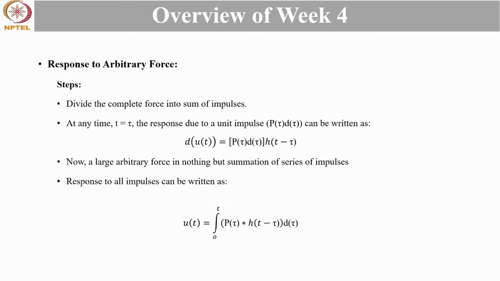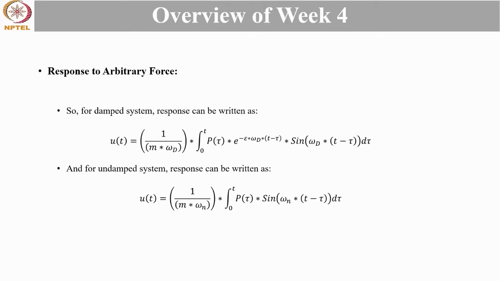So we saw in the week content how we proceed with these steps, and solving this for undamped and damped structures, we can obtain the following relations. For a damped system, the response can be written as u of t is equal to 1 upon m omega d, integral of 0 to t, p of tau multiplied by e to the power minus epsilon omega n (t minus tau), times sine omega d (t minus tau) d tau.